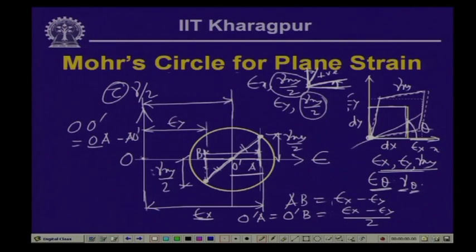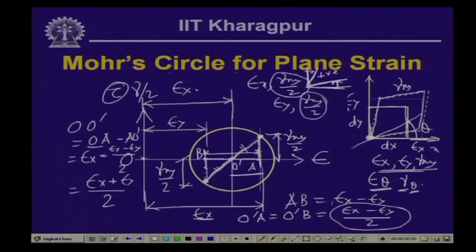Now, O A is equal to epsilon x. So, this is epsilon x minus A O dash, which is epsilon x minus epsilon y by 2. So, this minus epsilon x minus epsilon y by 2 gives the value of epsilon x plus epsilon y by 2. So, the distance from the origin to the center is epsilon x plus epsilon y by 2.